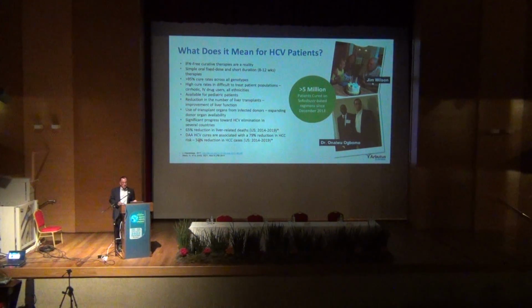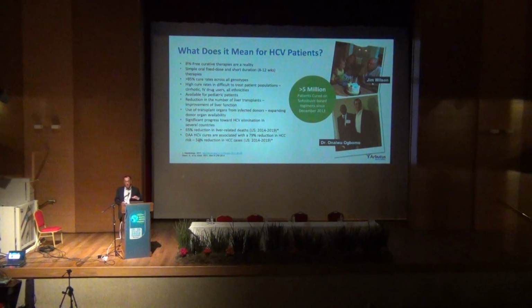But also very interesting is that direct-acting viral HCV cures are now associated with a 79% reduction in hepatocellular carcinoma risk in patients who have taken these drugs to date. So a big advancement for patients with HCV, and now the question arises, can you eliminate HCV from the global patient population?